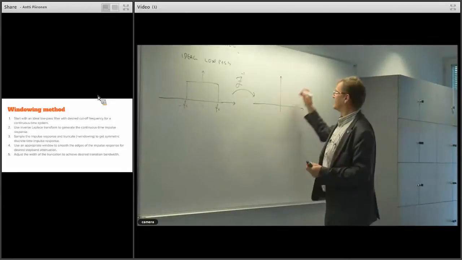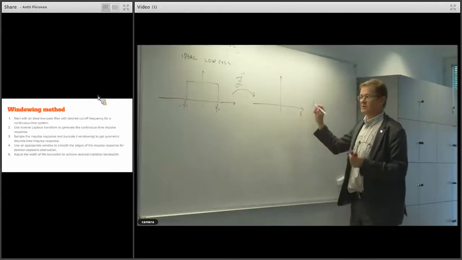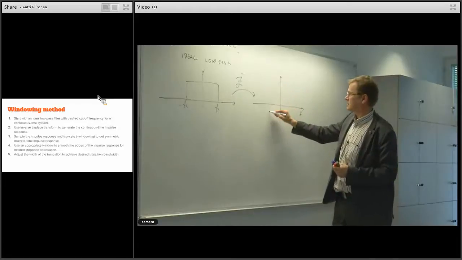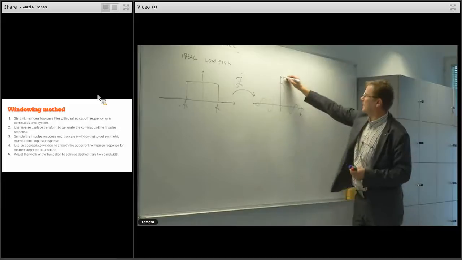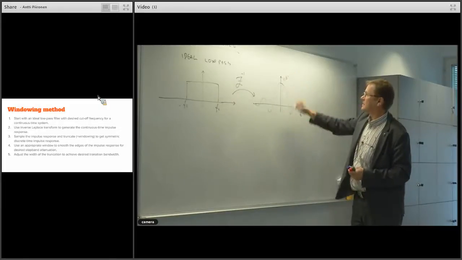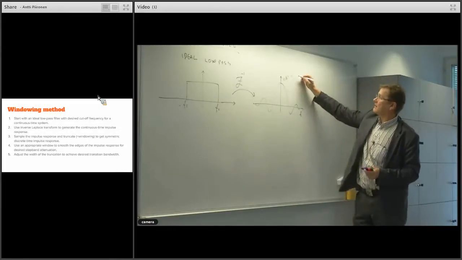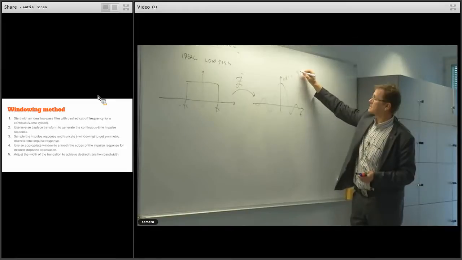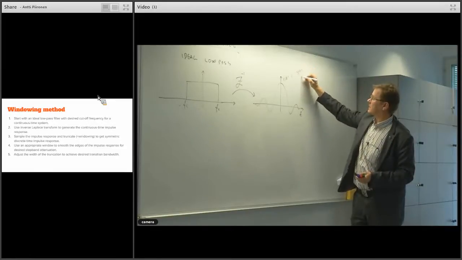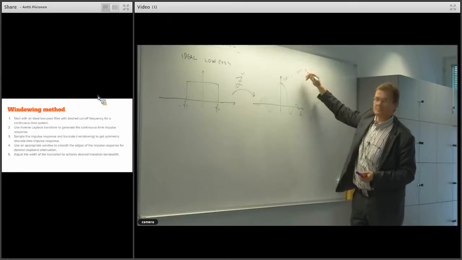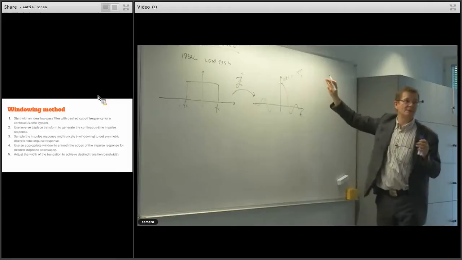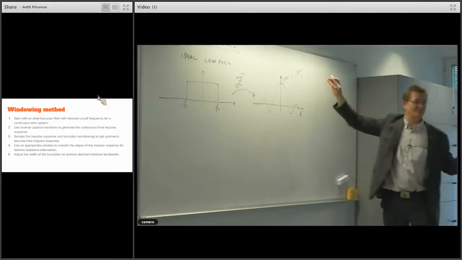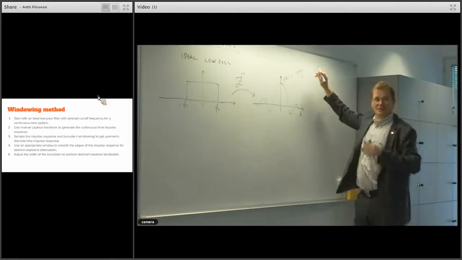On the continuous time base, the impulse response h of t is a constant times a sine of some x over x times some constant. This is nothing to remember, since we have pointers on those slides.